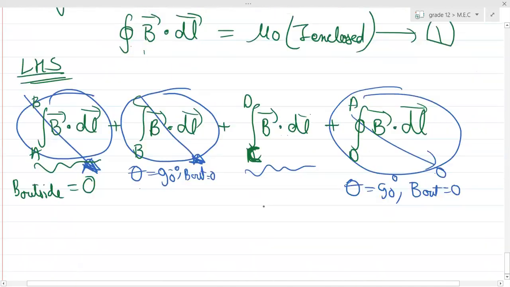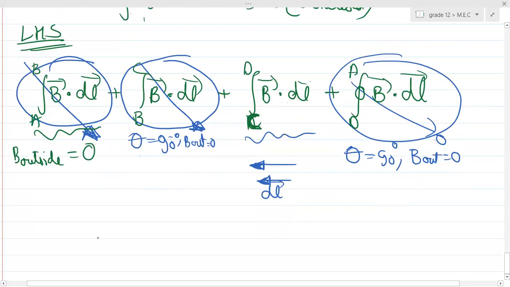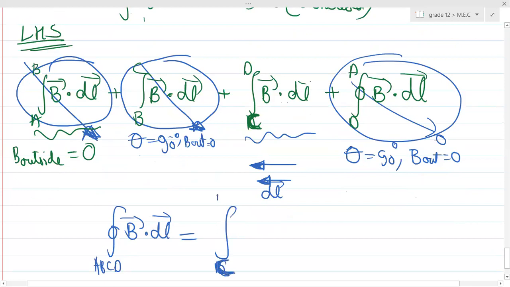In the CD part, can you see the magnetic field is in this direction and even the dl vector is also in this direction? So when we talk about B dot dl for the whole loop ABCD, it becomes only from C to D, only that part which is inside. And what is the angle between them? 0 degrees.